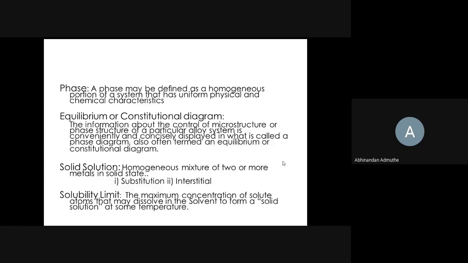So what is meant by phase? A phase may be defined as a homogeneous portion of a system that has uniform physical and chemical characteristics. In the case of equilibrium diagrams, we will come across different solid solutions, intermediate phases and intermetallic phases.